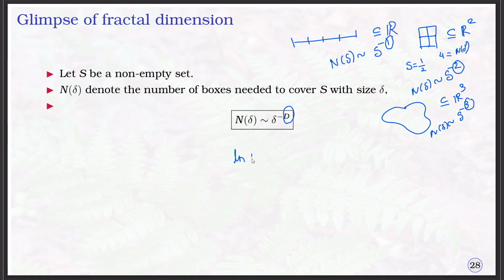You can take logarithm on both sides. Then, if you are taking logarithm, we will get the logarithmic constant log c plus log of delta power minus d.